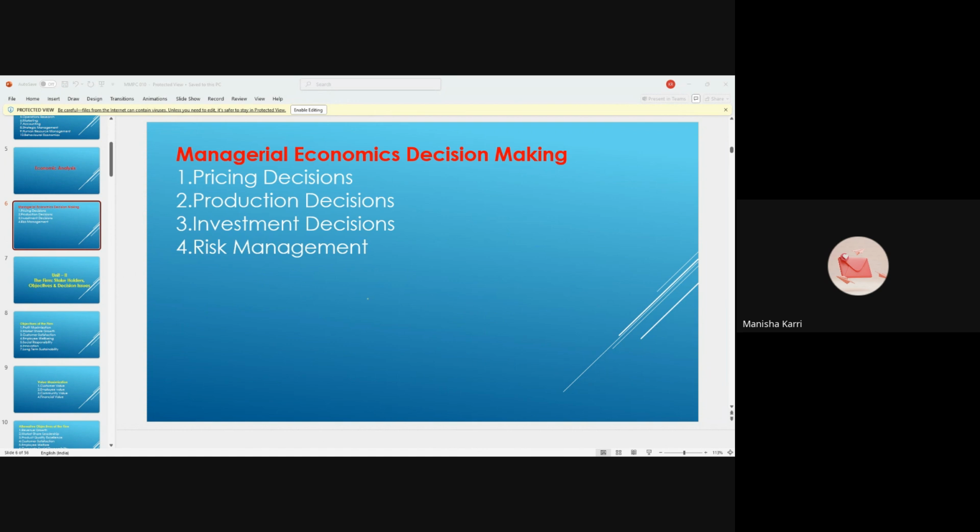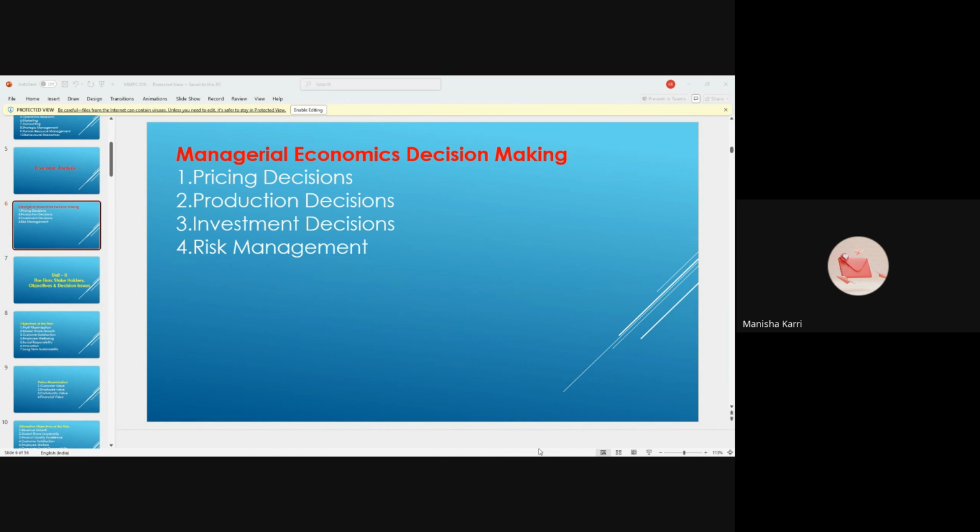By systematically applying these principles and techniques, managers can make informed and rational decisions that align with the firm's strategic objectives and enhance its overall performance.